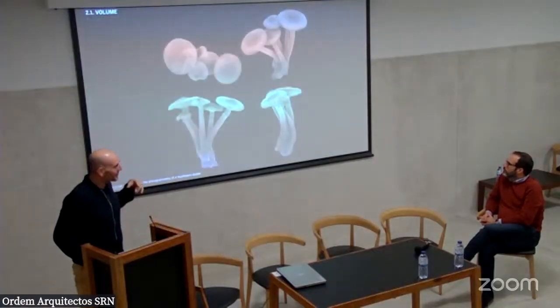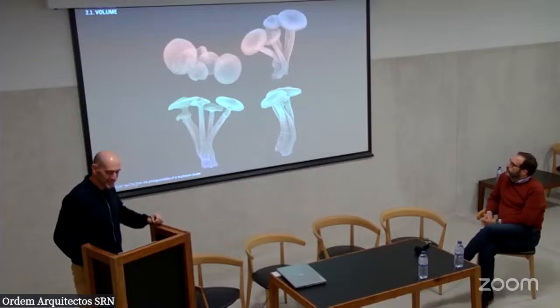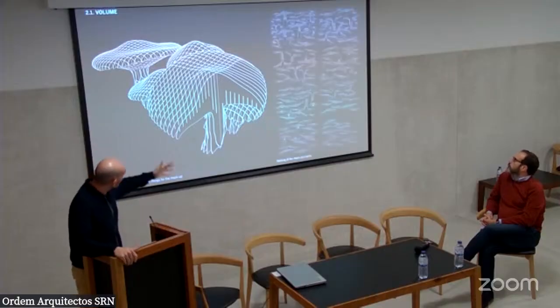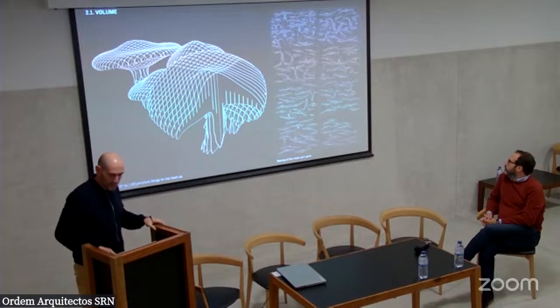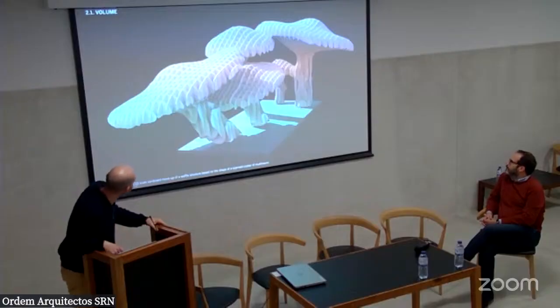But in this case, we were using real mushrooms. And after getting this point cloud, we generated a mesh, and from this mesh, a waffle structure, which is more than known. With the waffle structure, we got the plans which were laser cut, and we got this model. So a real mushrooms setas pavilion on a model scale.